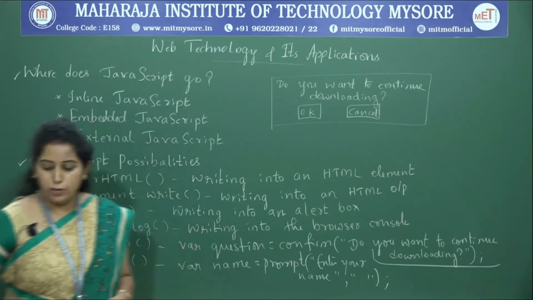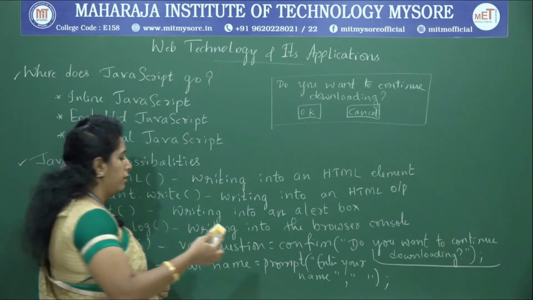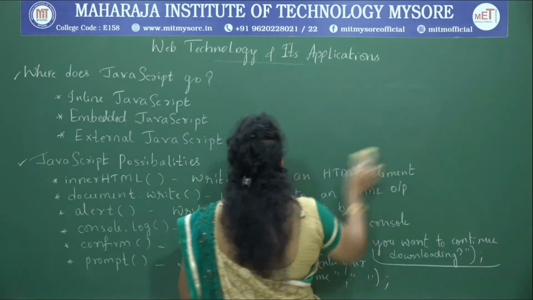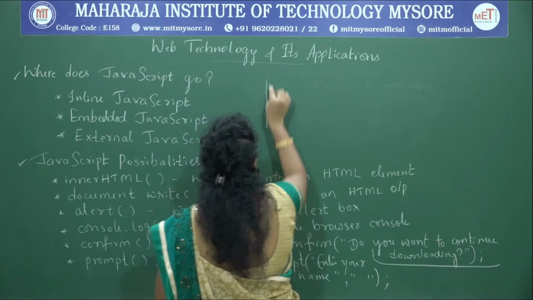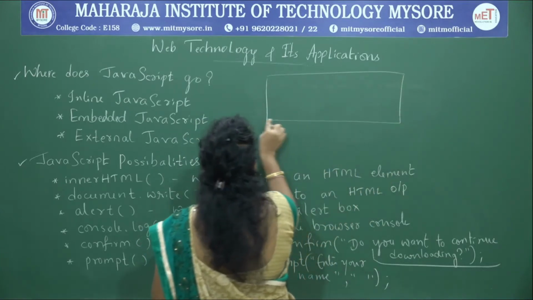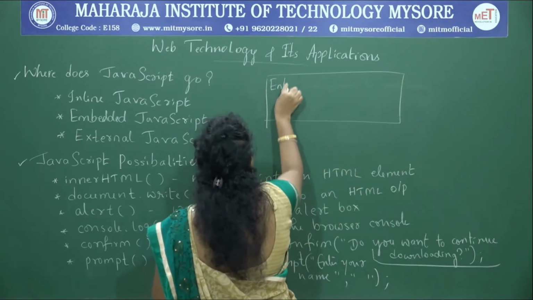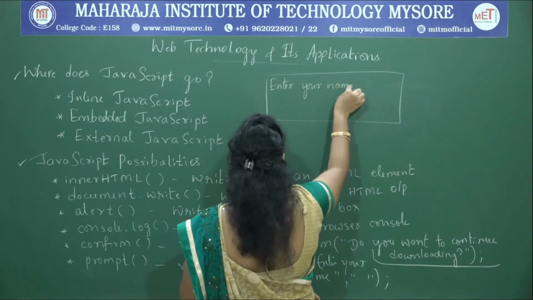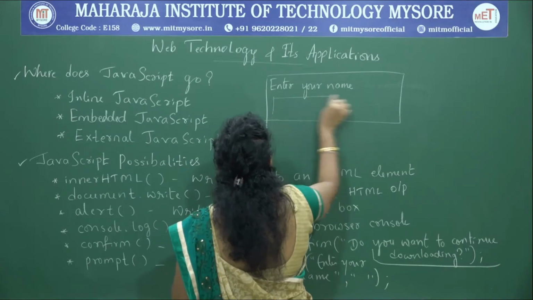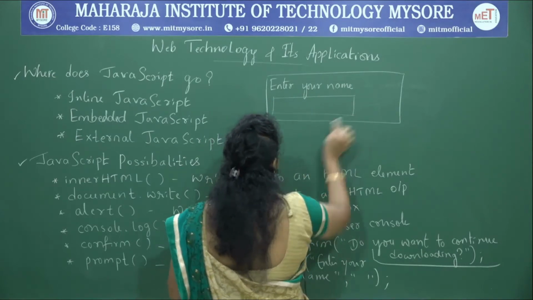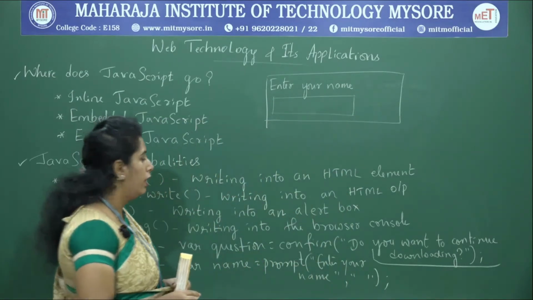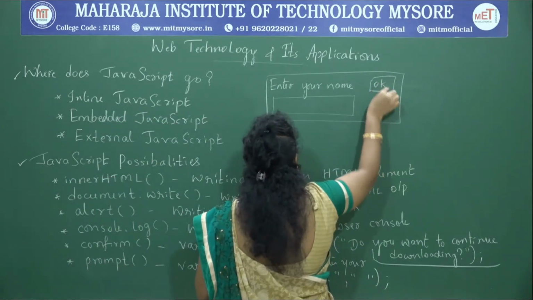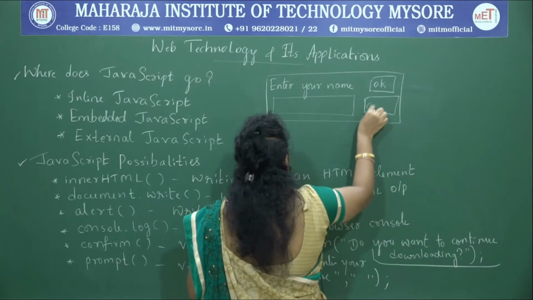Now how it is going to work, I can show it in this way. Enter your name. You will get an input box like this where you can enter a name, and here you will have OK and cancel.